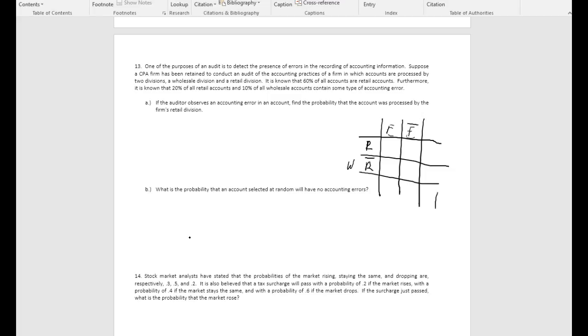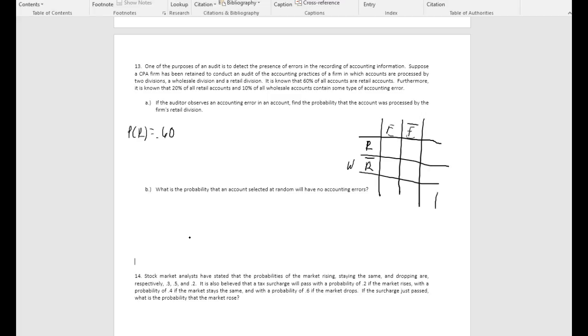All right, and then let's write down the information that we have. It is known that 60% of all accounts are retail accounts. So the probability of retail is equal to 60%. Furthermore, it is known that 20% of all retail accounts and 10% of all wholesale accounts contain some type of error. So they give us two probabilities there. Let's think about them one at a time.